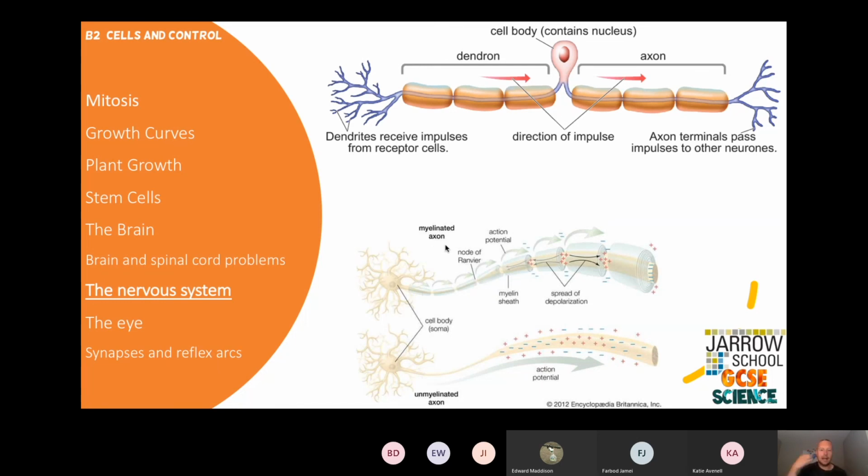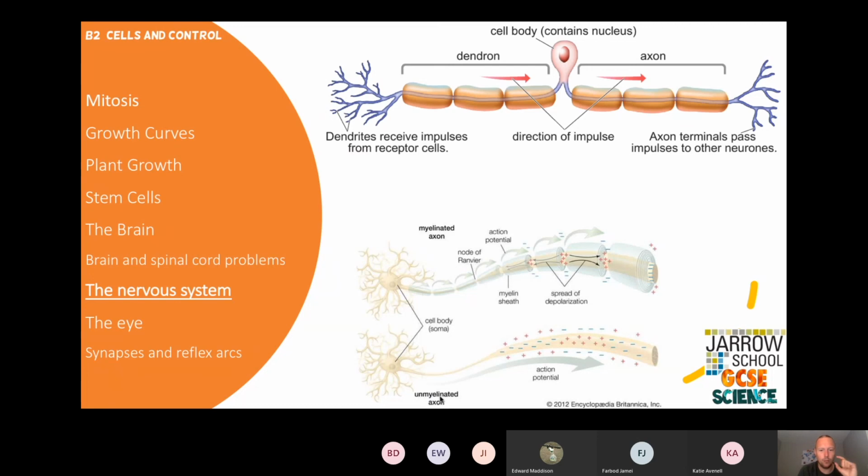For example, your eyes, you want to see things really quickly. Your body wants to experience any senses really quickly. So all of your sensory neurons, which we'll get onto later, are myelinated because you want to speed up the information that's transferred to your brain. Again, this is A-level. I apologize, but I do feel like telling you these things will be worth it. Hopefully it makes a bit more sense.